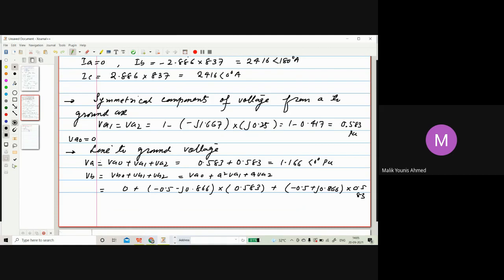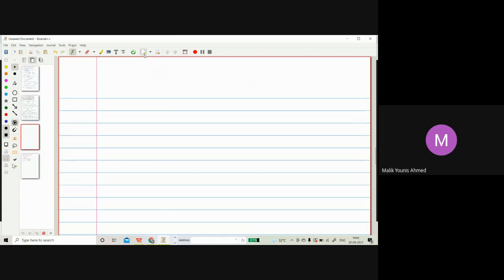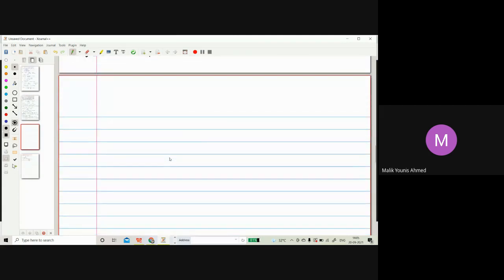If you find this, VB will be, I think, minus 0.583 per unit. This is the value of VB we will be getting.